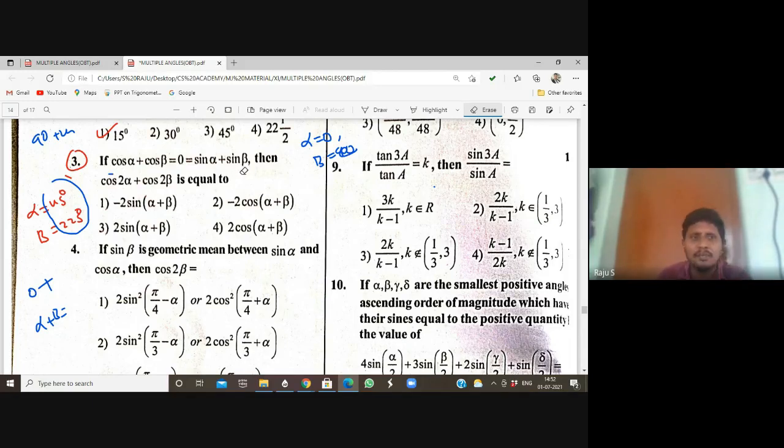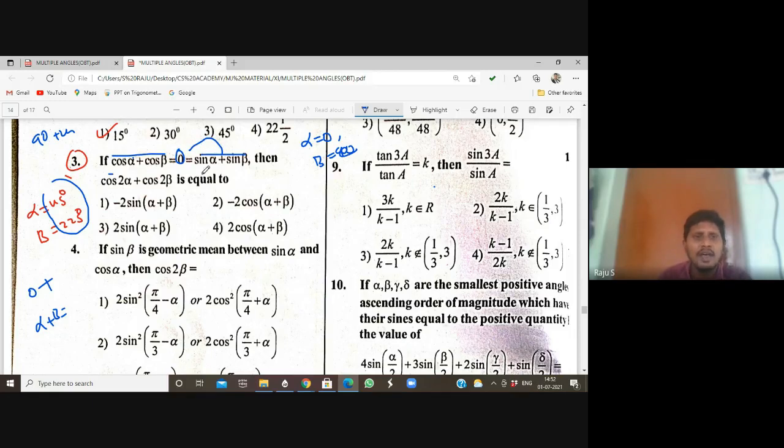Otherwise, in the general procedure, you can write this cos beta as sin of 90 minus something, or otherwise squaring and adding. Cos alpha plus cos beta is equal to 0, and sin alpha plus sin beta is equal to 0, you can take.